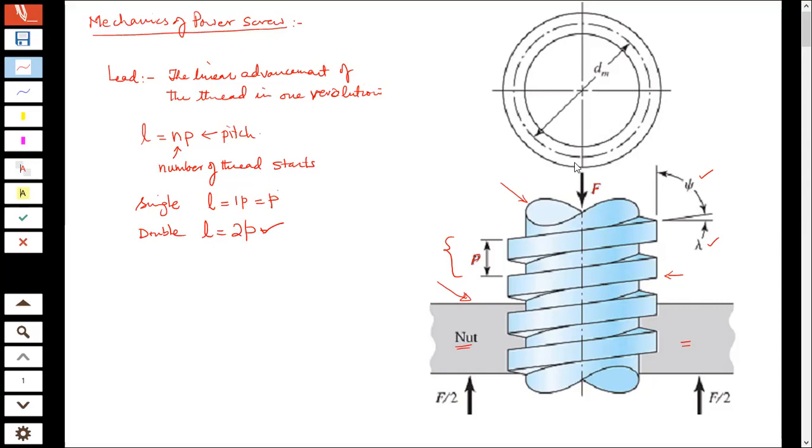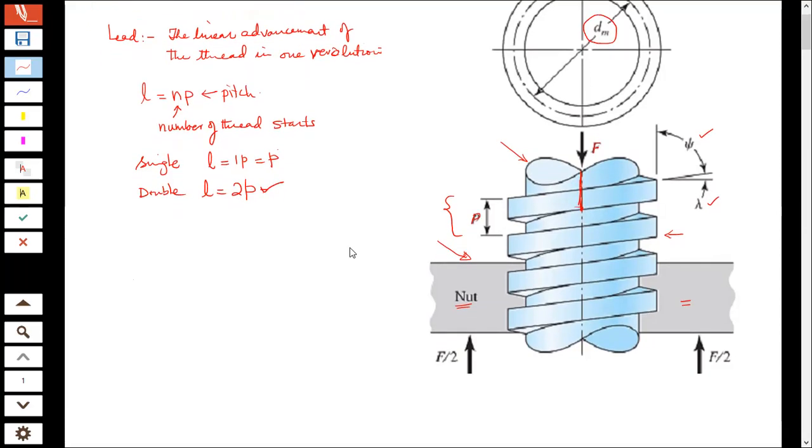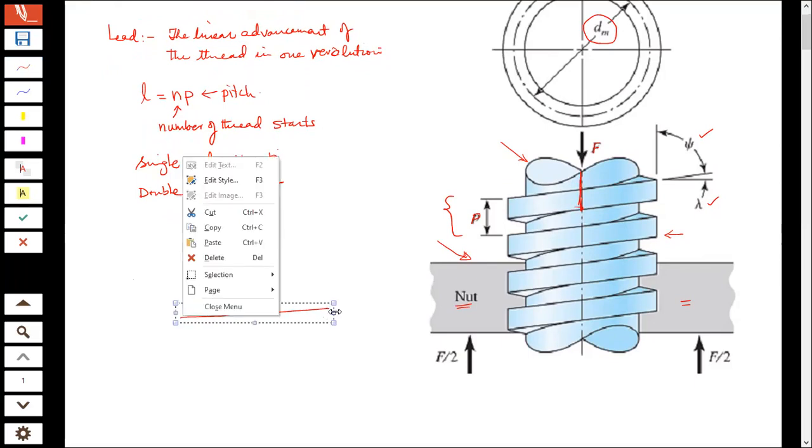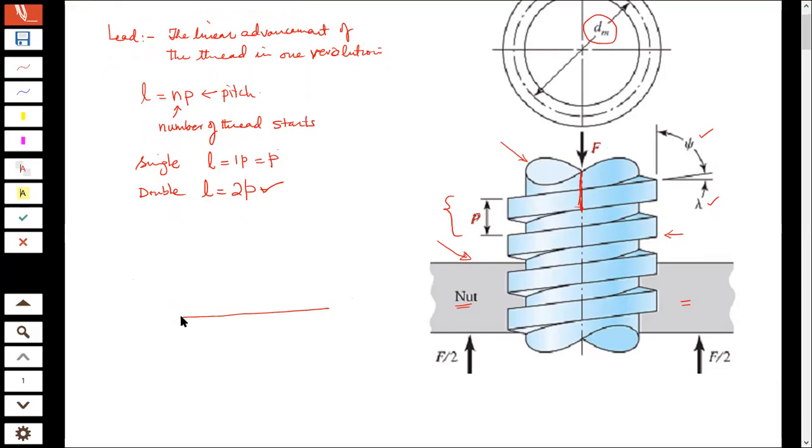Now, let's say that this screw has a mean diameter of dm. We open this screw like this. For example, I cut this screw over here and open the whole circumference. I'm going to draw the geometry that I'll get.